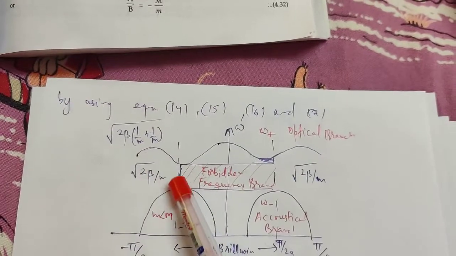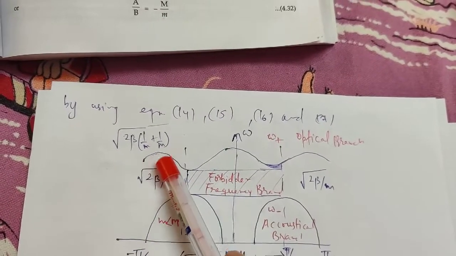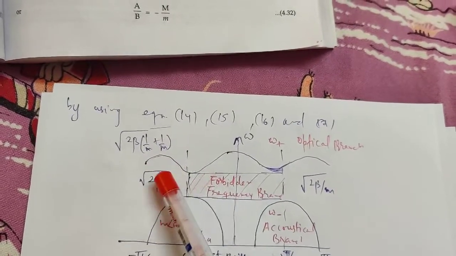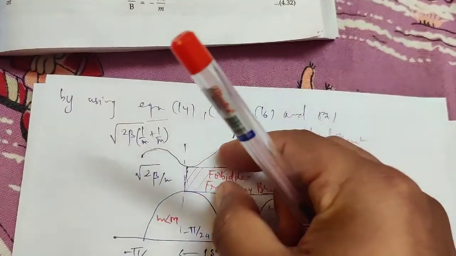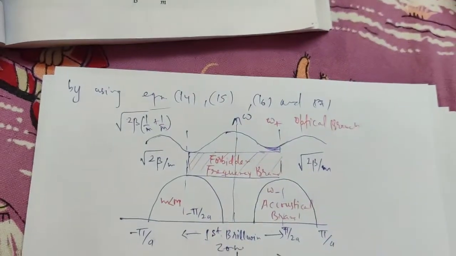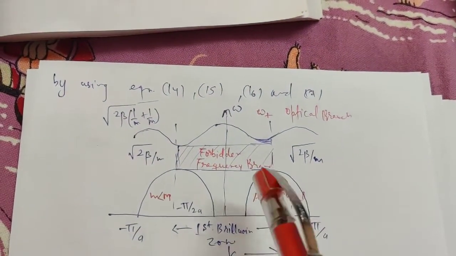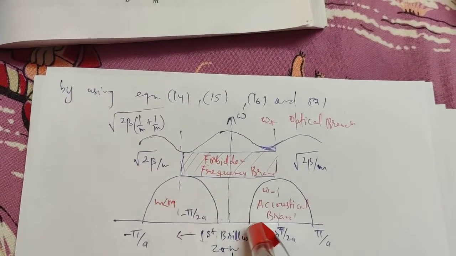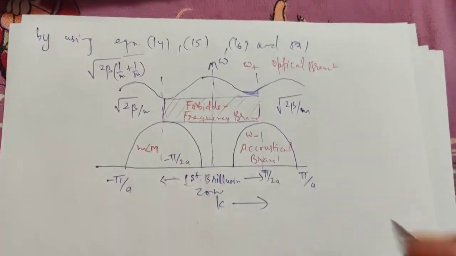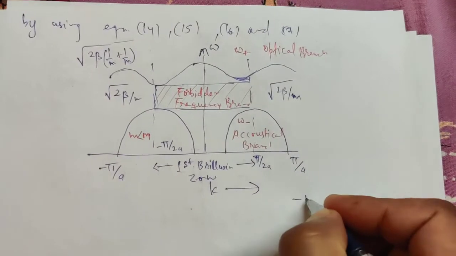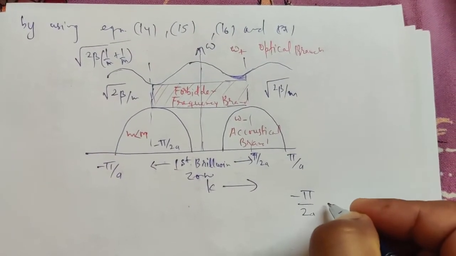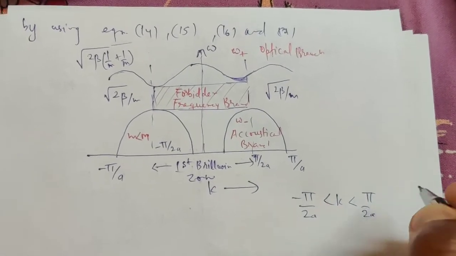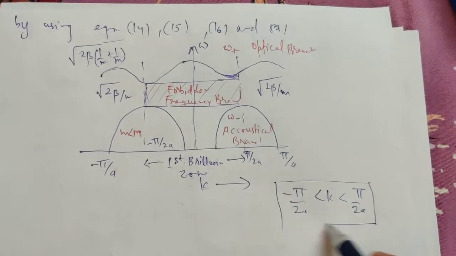That means there will be a degeneracy condition, and this forbidden frequency band will disappear. And we also know that there is a first Brillouin zone which lies in the condition minus pi by 2a less than k less than pi by 2a. The first Brillouin zone lies between these conditions.